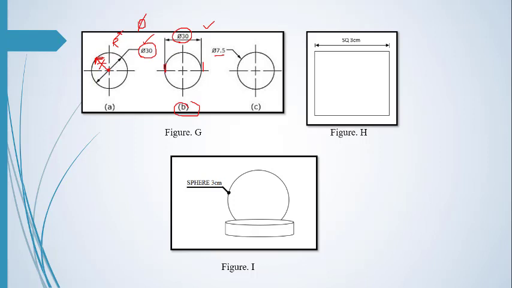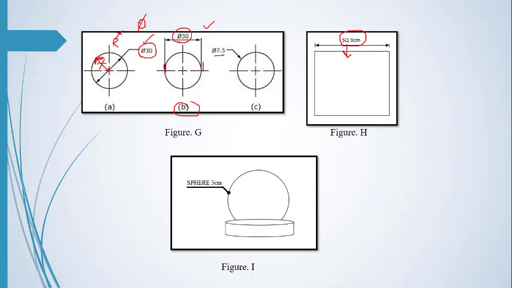If we have an object, and that object has a part like a square, we will write SQ before the unit, so it shows that the part is a square. So SQ 3 centimeter is an example given here.